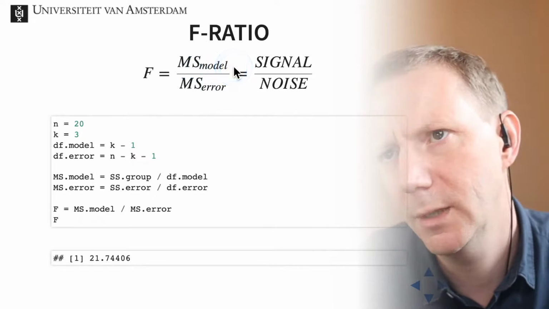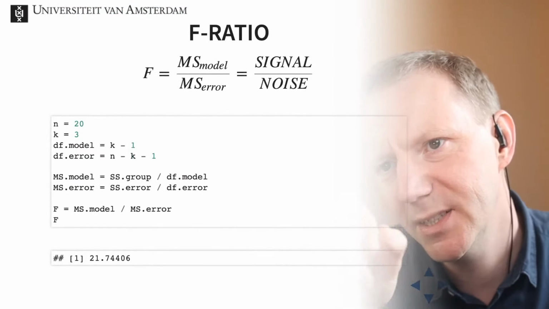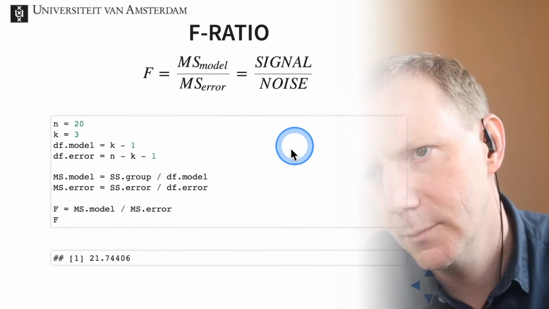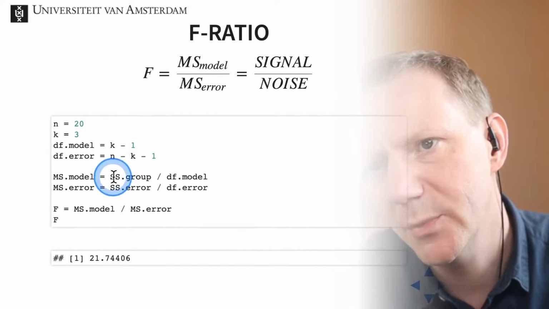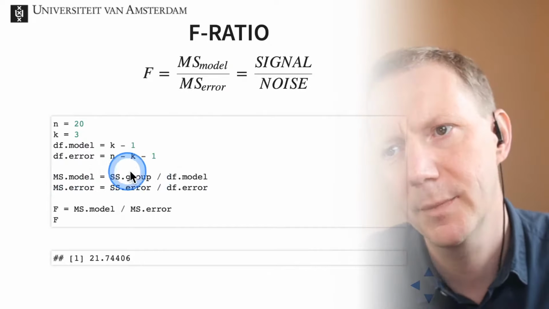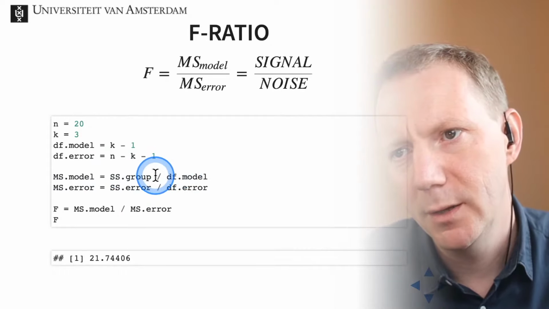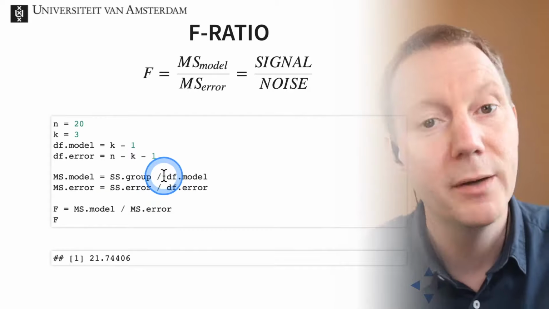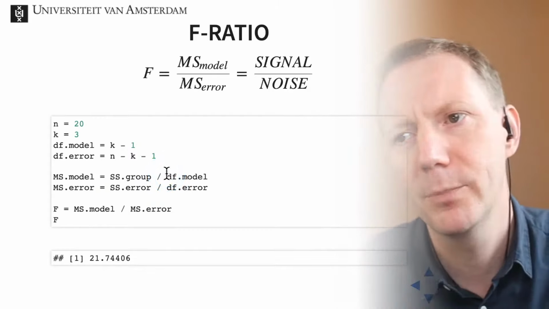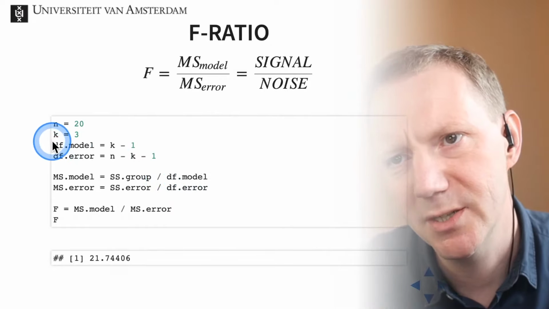What I mean with this model is the sums of squares for the group corrected for the covariate. To get to the mean squares, you have to divide the sums of squares by the degrees of freedom of the model, which is stated here.